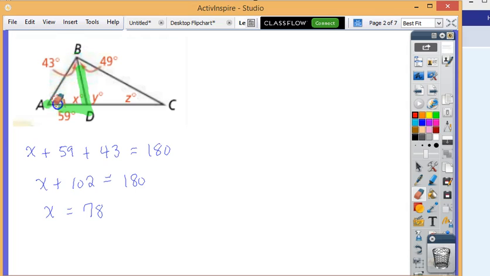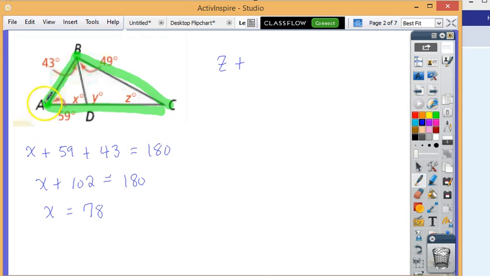All right. Now, I can also find the measure of angle Z, because in the big triangle, triangle ABC, I know that Z is one of the angles. What's the other angle? What's the angle at angle A?